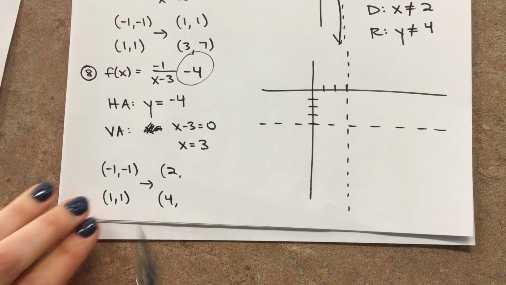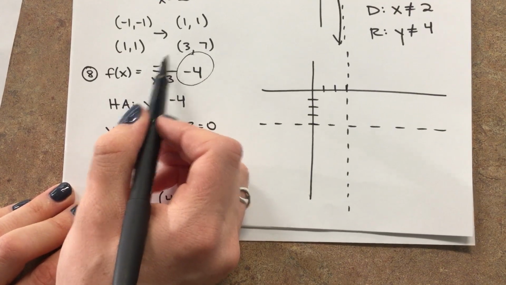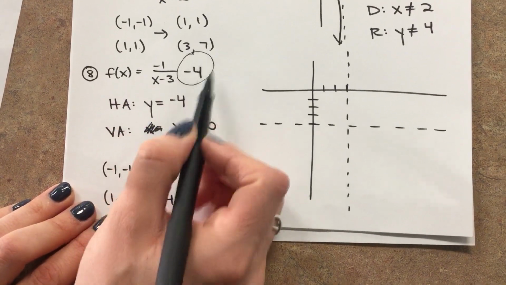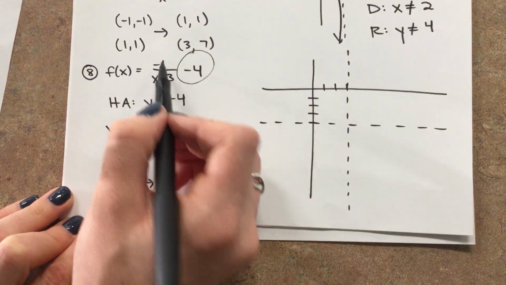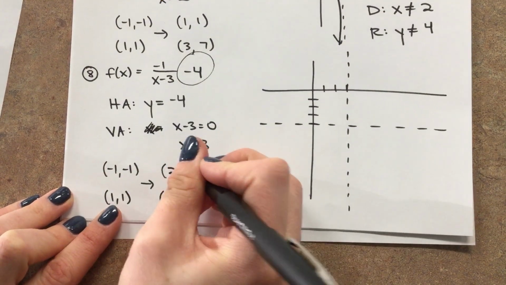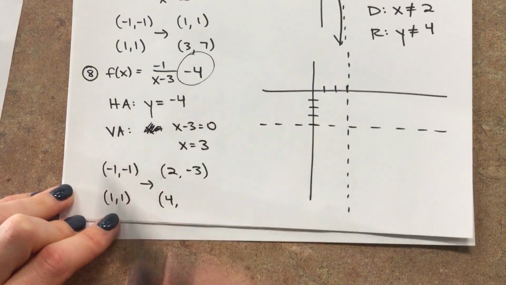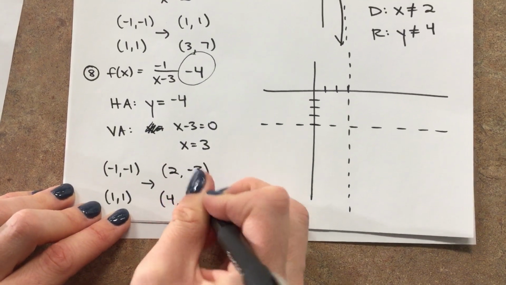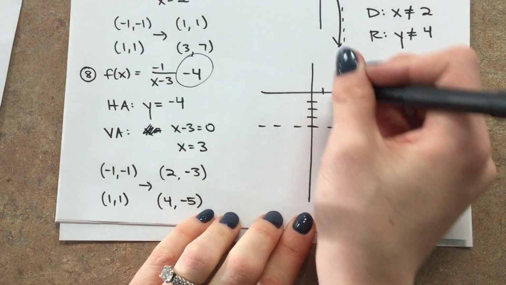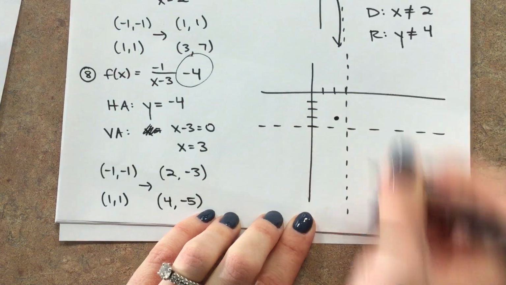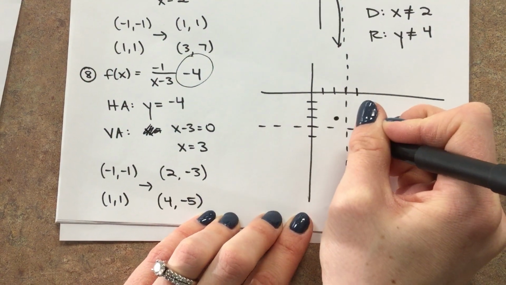And then for the y values, you take whatever you started with, first you multiply it by the number in the numerator, and there's always something there, and then you add or subtract the number out here if there is one. So -1 times -1 is +1, then -4 would be -3. 1 times -1 is -1, -4 would be -5. So these ones, we have 2, -3, which would be right there, and then 4, -5.